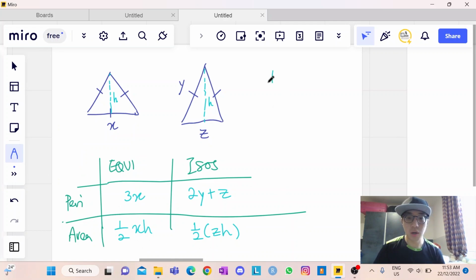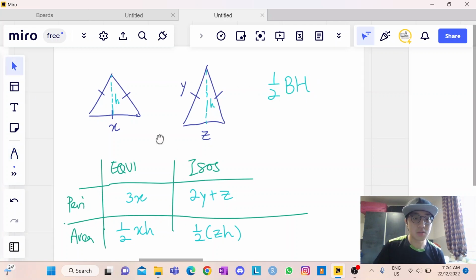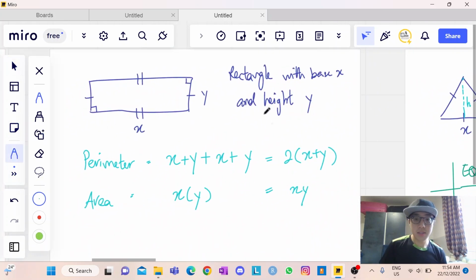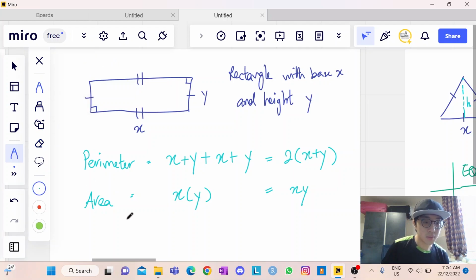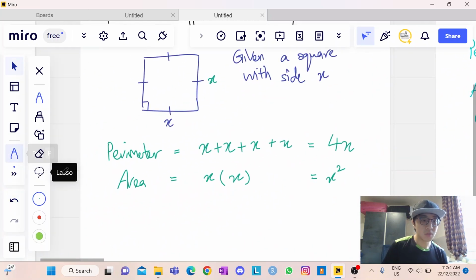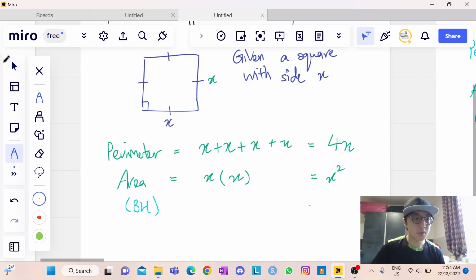It's usually 1 over 2 base times height. For this right here, I'm gonna write it somewhere: the area here is base times height. And it goes the same for the square. The area will be base times height.